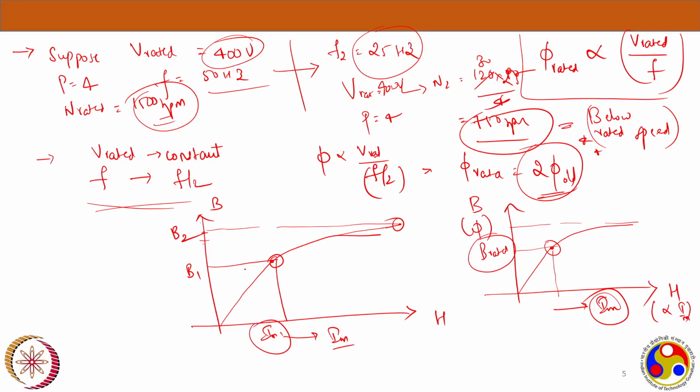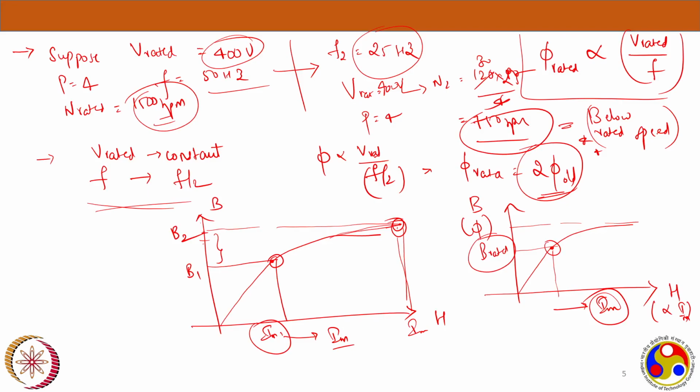Now see, for a twice improvement, the amount of flux that is required is twice, but look at the current requirement now. Since the curve structure is like that, even for a smaller increase in B, the current increase would be much higher.